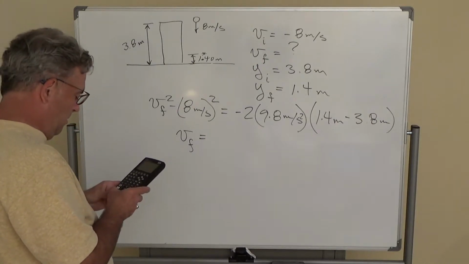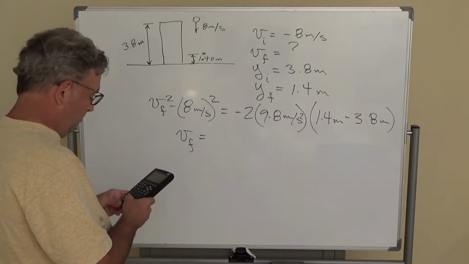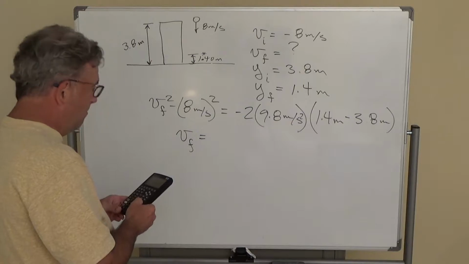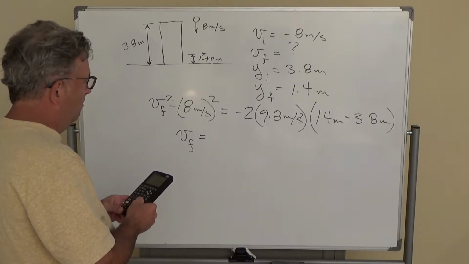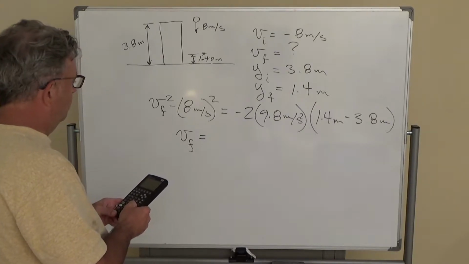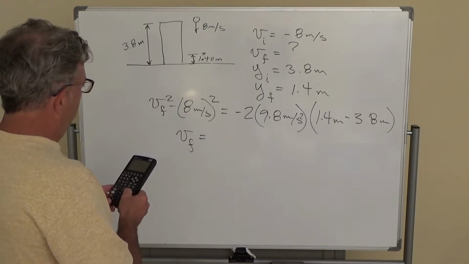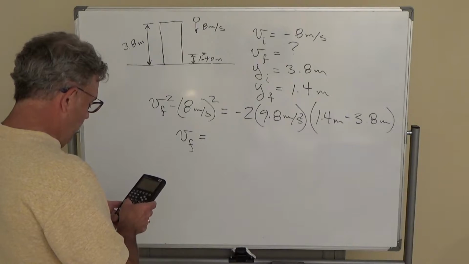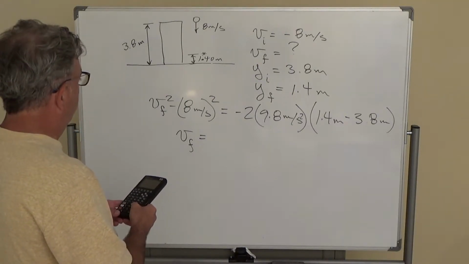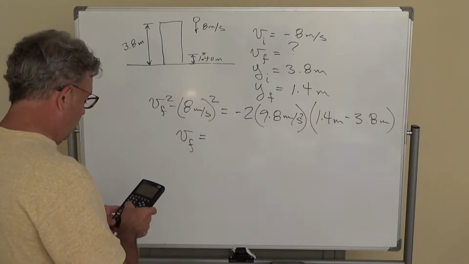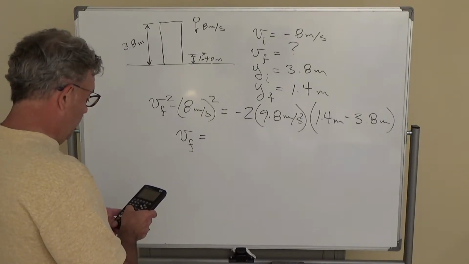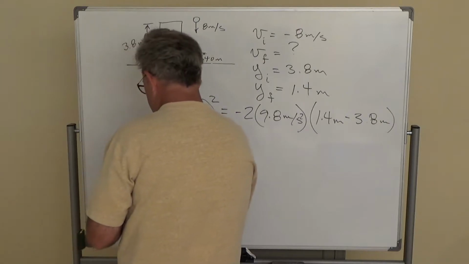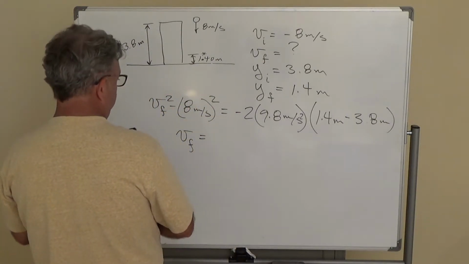So get 2, and then let's change, 64 plus, take the square root. I got 10.54 meters per second.